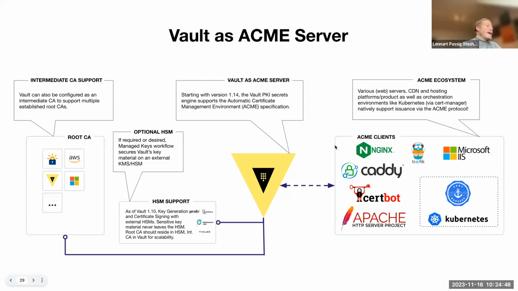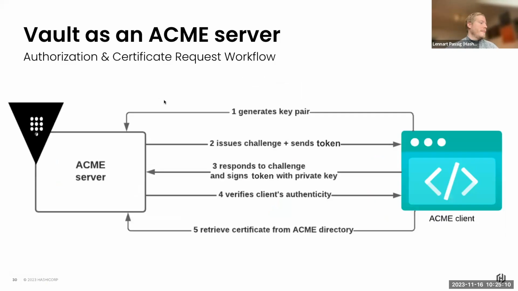We can, if we wanted to, optionally also integrate an HSM into the whole idea, to increase the entropy level and the encryption. Or connect it to a root CA or to an intermediate CA, however we want to play it. So that is more or less the idea as an integration pattern.